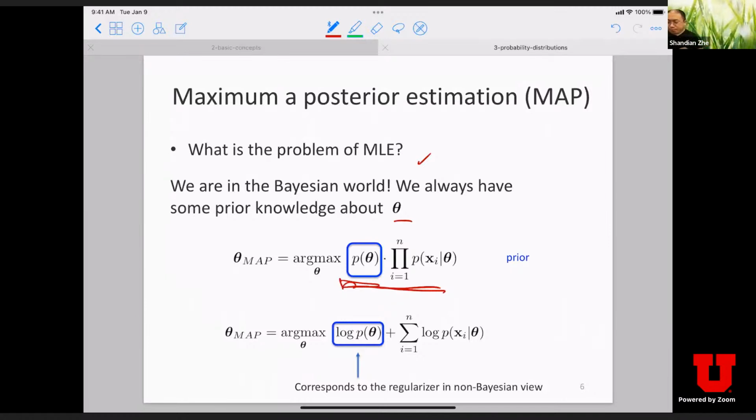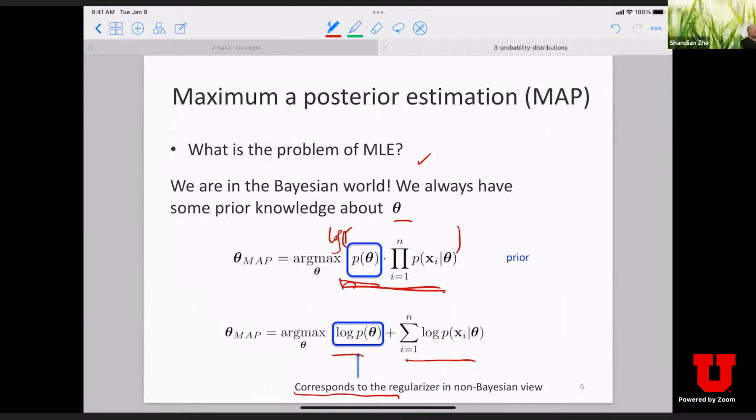And again, we don't want to deal with a long chain of products, so we take a logarithm so that our maximization is over the log prior plus the summation of the log likelihood over every observation. And here, this log prior in a non-Bayesian view often corresponds to the so-called regularization.